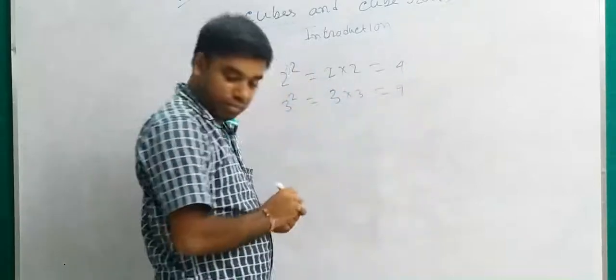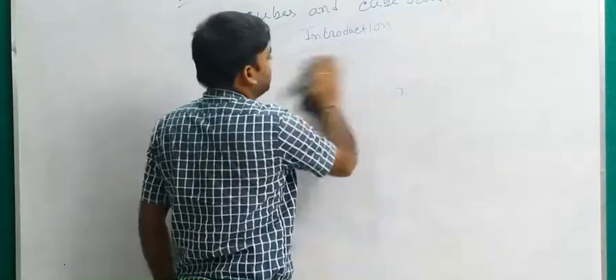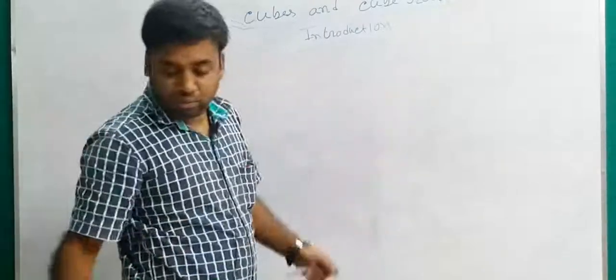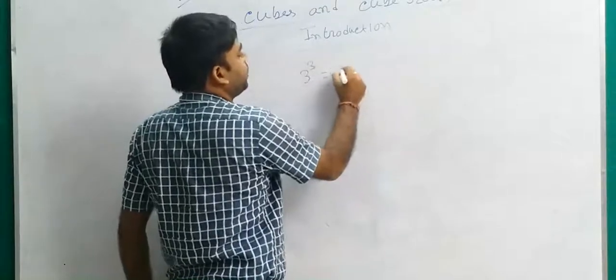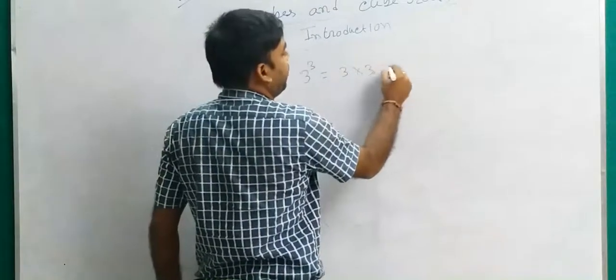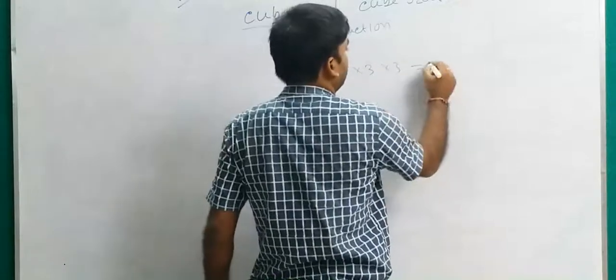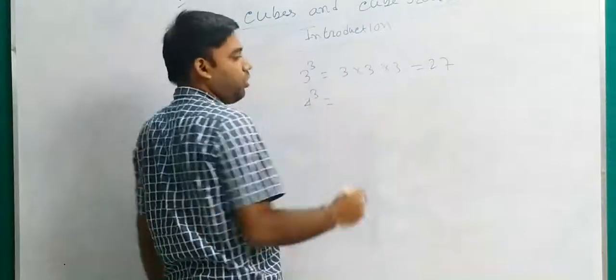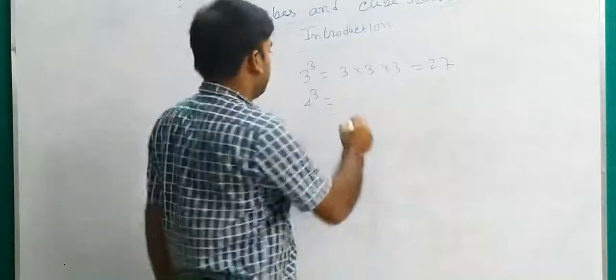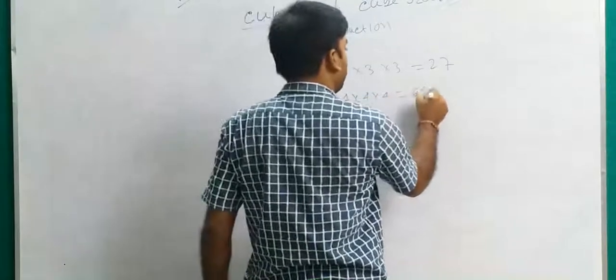Now cube means, in place of 2, 3 cube means product of three 3's. 3 threes are 9, 9 threes are 27. 4 cube means product of three 4's, 4 into 4 into 4, that is 64.